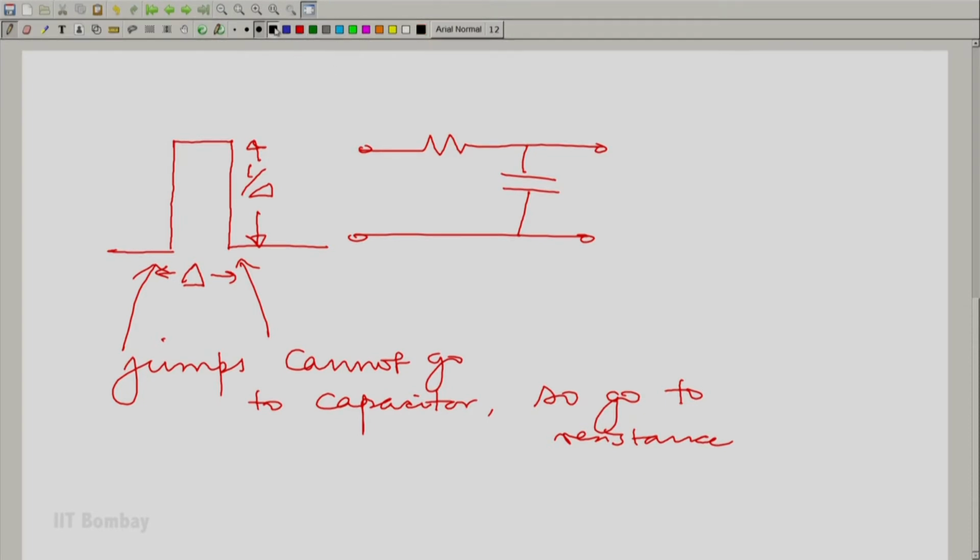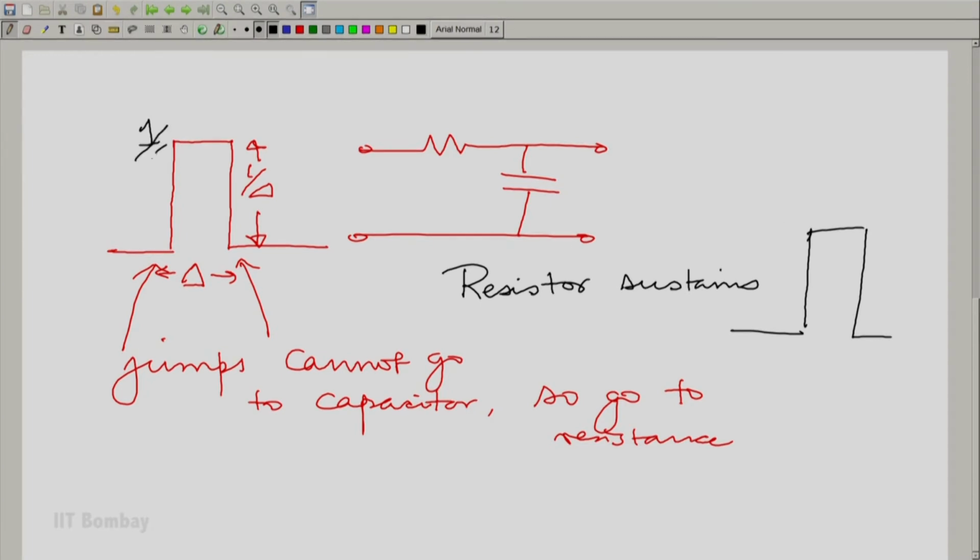That means what appears across the resistance is that same pulse going towards an impulse. So, the resistor sustains this whole thing. Remember, there is 1 by delta sitting here, with a width of delta, and this is the voltage sustained across the resistance.